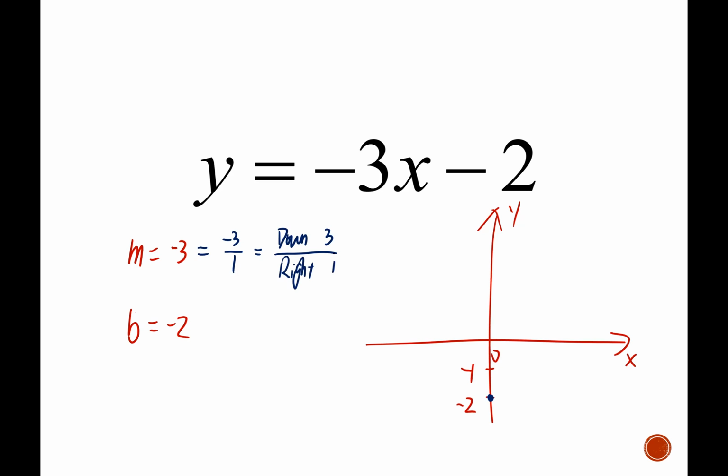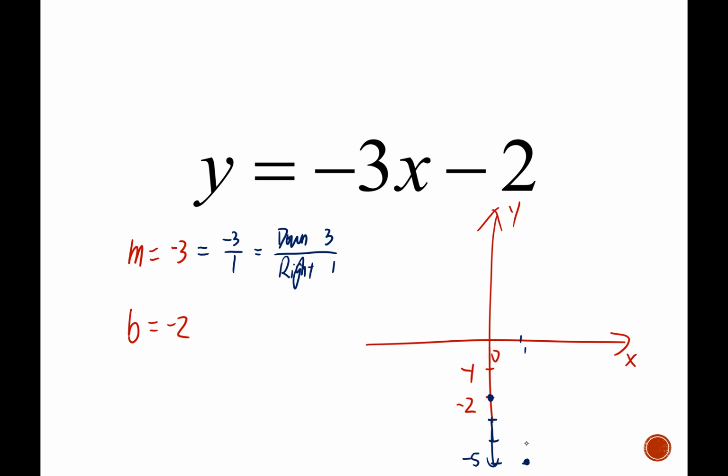Okay. So that means we gotta go down 3 units. Just move this a little bit. -3, -4, -5. Okay, so we go down 3 units, goes here, and then go to the right 1 unit. So this is one unit.